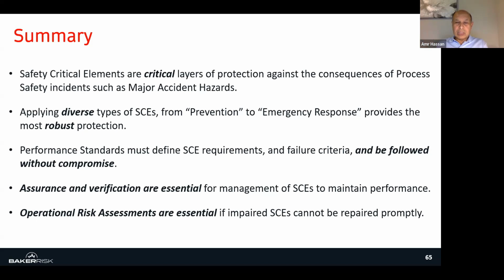For the verification activity, it normally happens during the design phase. It happens with a subject matter expert in the area. So, for example, if we do a performance standard for the shutdown valve, it should be combined between process team and process safety team, and it normally happens with an independent consultant, which we call ICP, independent competent person.